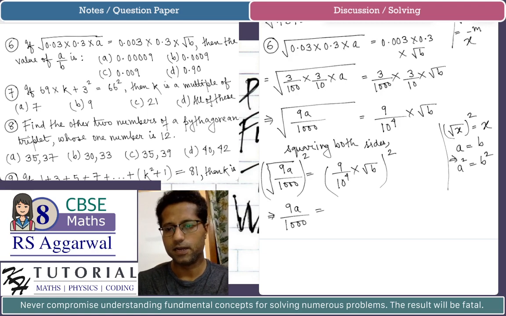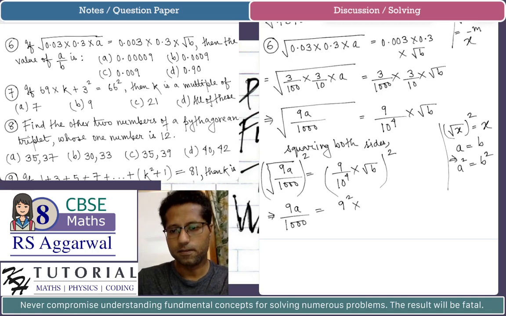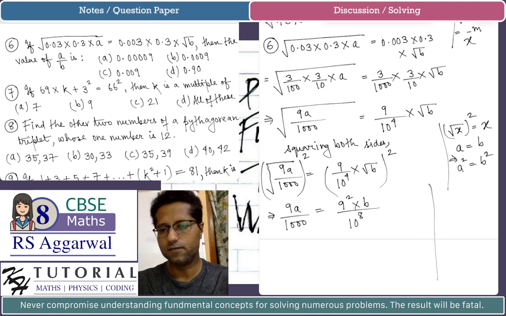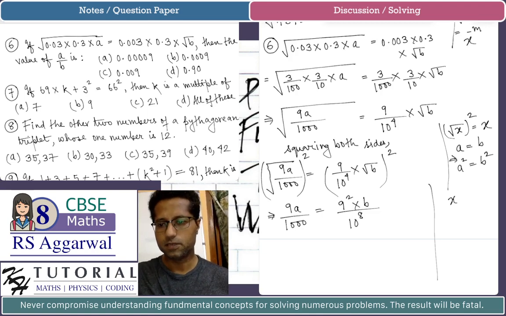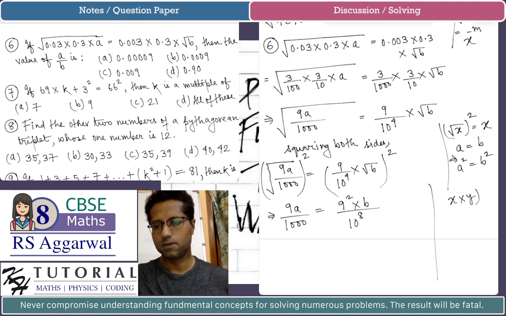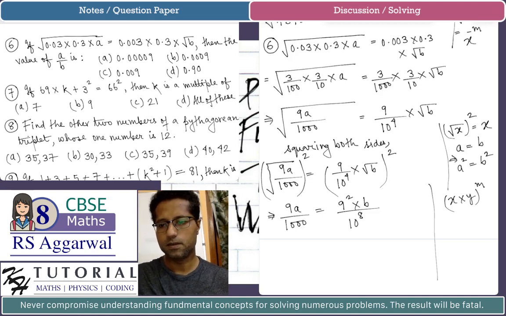and the right hand side will be 9 square multiplied by b divided by 10 to the power 8. Why? Because we know that x multiplied by y, where x and y are some rational numbers, x multiplied by y whole to the power m is equal to x to the power m multiplied by y to the power m.